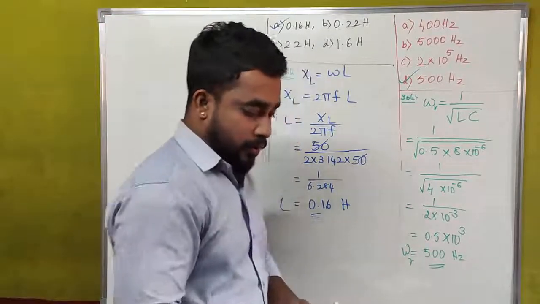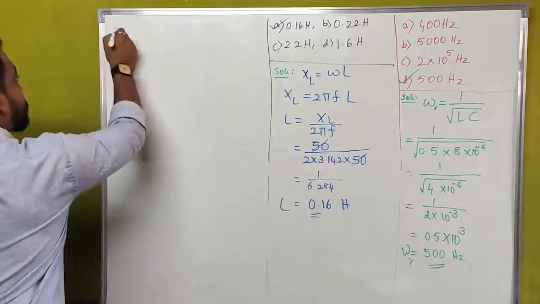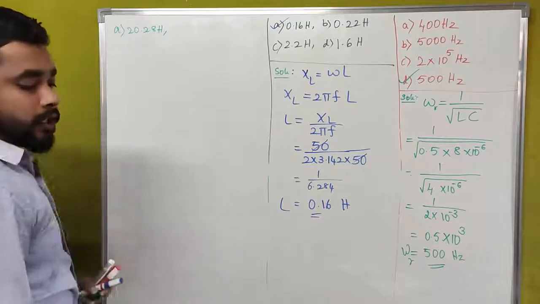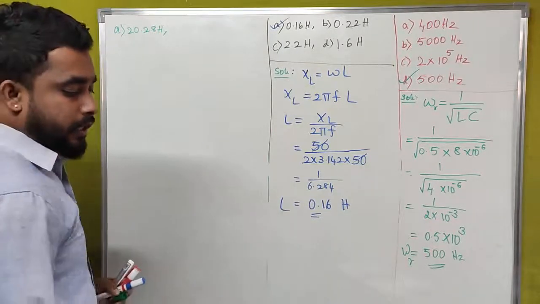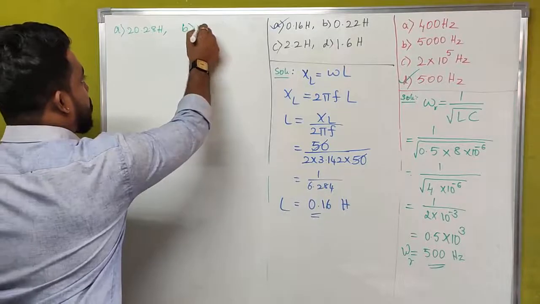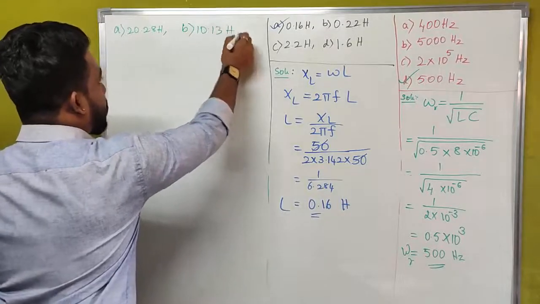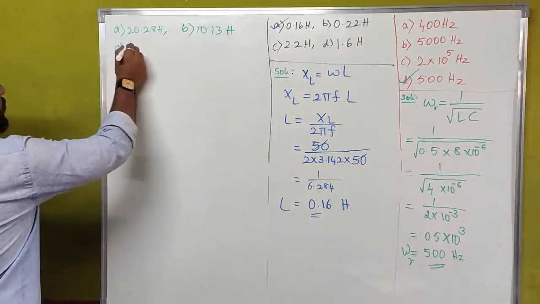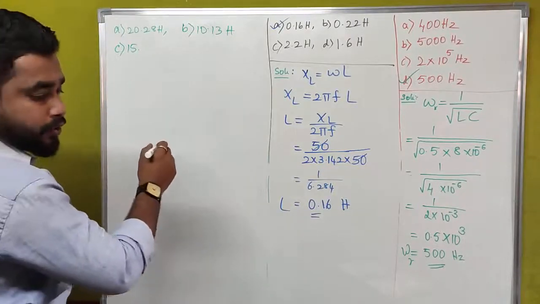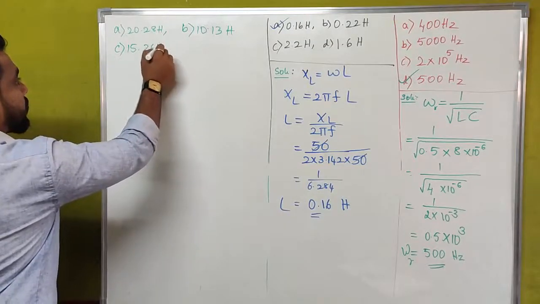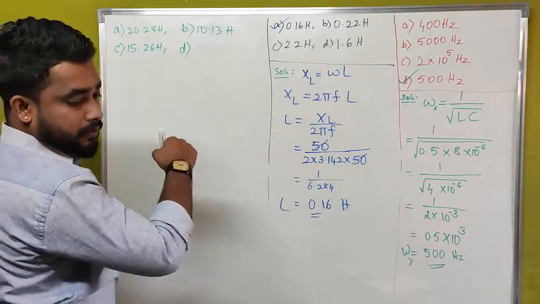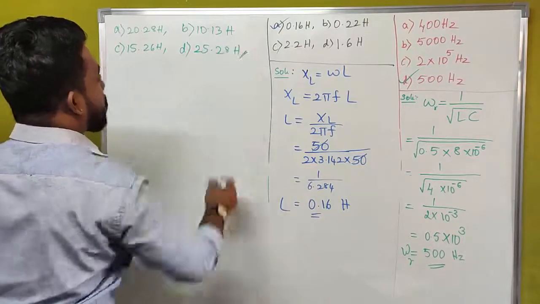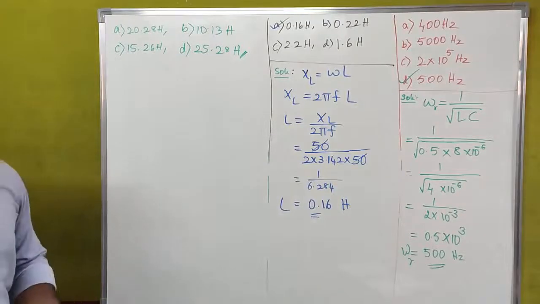Here the options for that question are: option A is 20.28 Henry, option B is 10.13 Henry, option C is 15.26 Henry, and option D is 25.28 Henry.